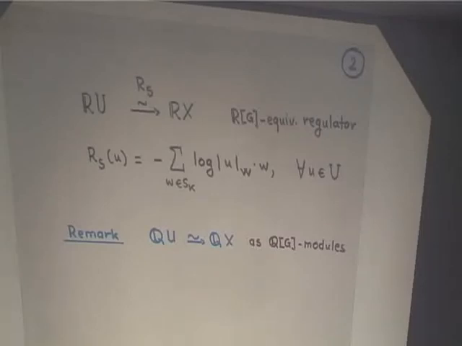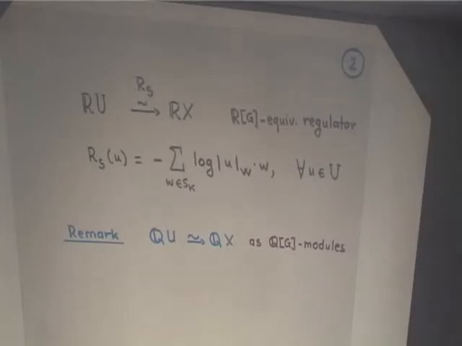Nevertheless, X is the easy to understand object and U is the hard to understand object. If you tensor them with R, they become isomorphic, canonically isomorphic as R[G] modules.